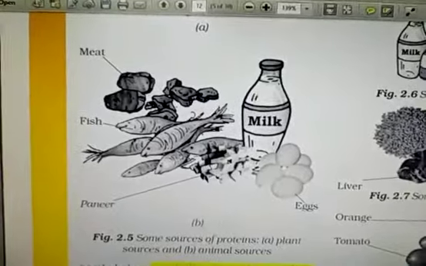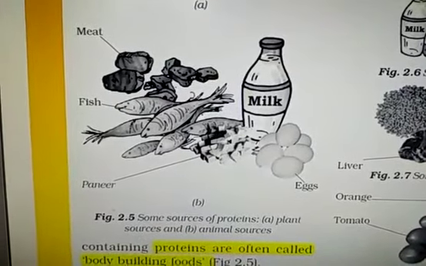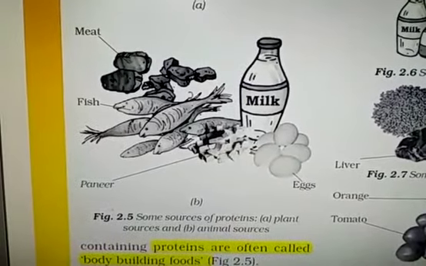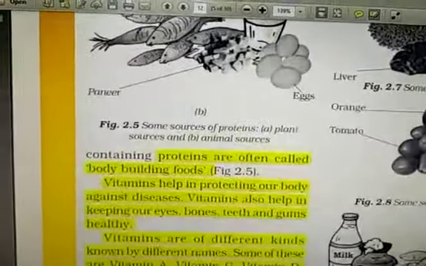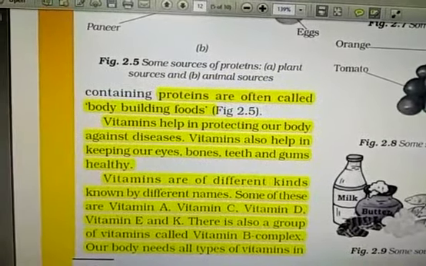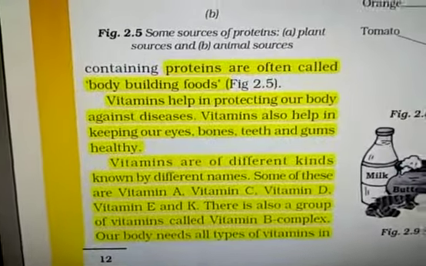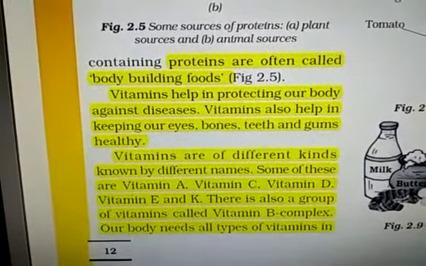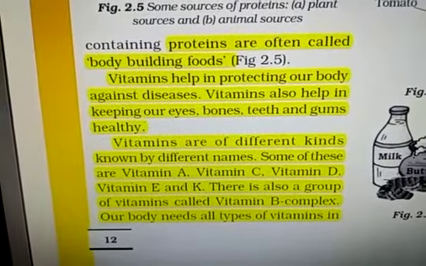Animal sources of protein are meat, fish, paneer, egg, milk, etc. So you see, milk has almost all types of nutrients. Now proteins are useful for our body for the repairing and for the growth. So proteins are also known as body building foods.